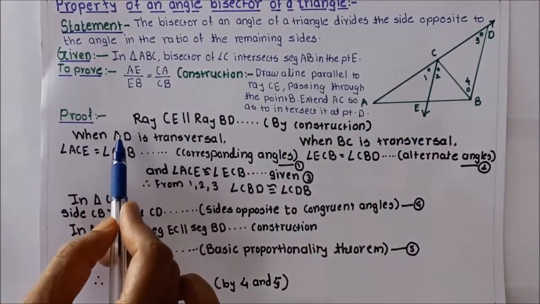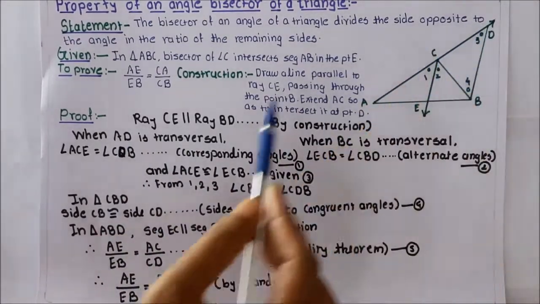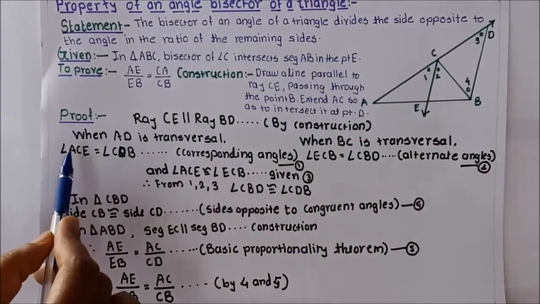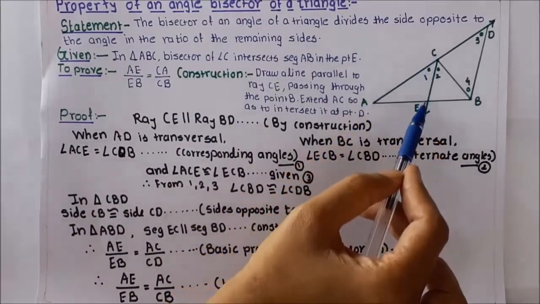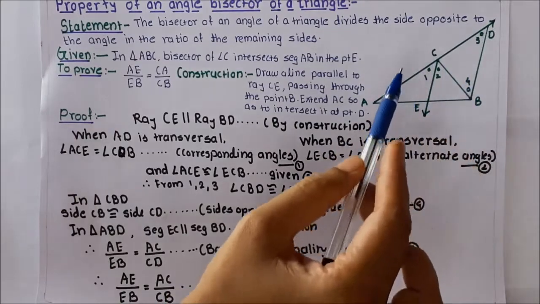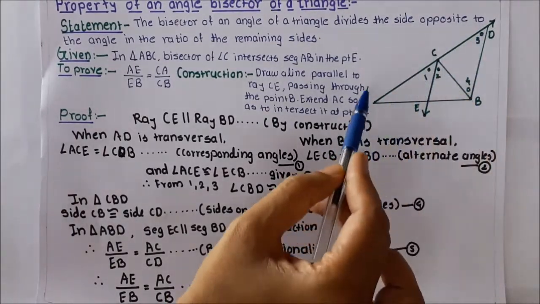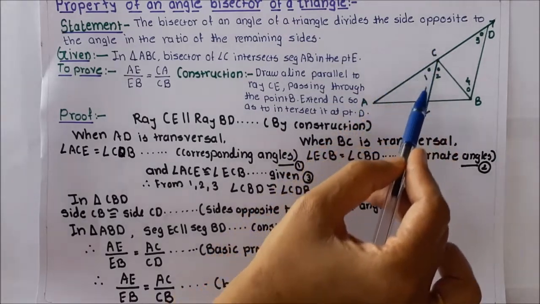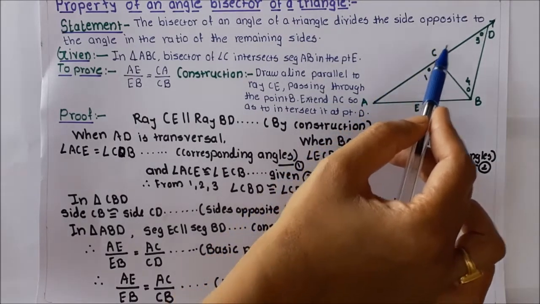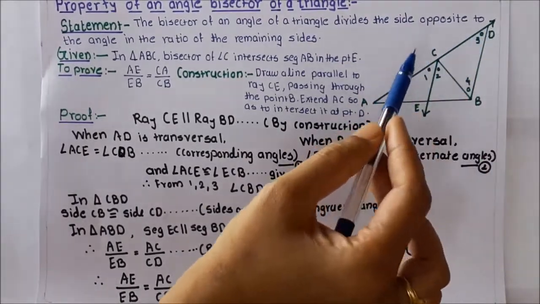When AD is a transversal, angle ACE is equal to angle CDB. The reason is that these are corresponding angles. Once again, angle ACE is equal to CDB, corresponding angles because of this transversal AD.